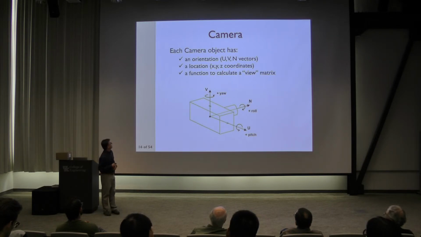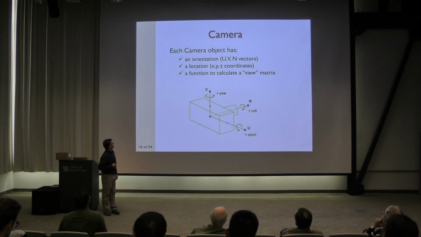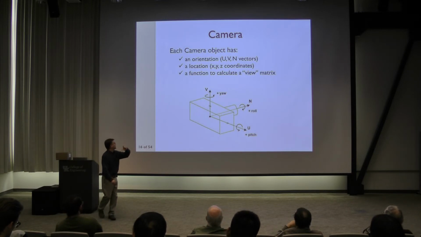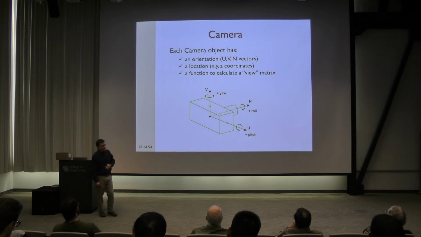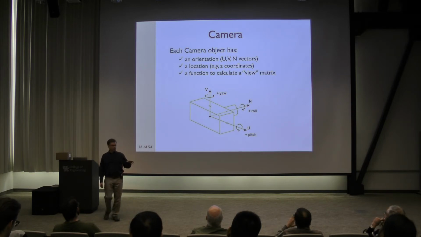Cameras are defined by having an orientation, which is a set of 3 orthogonal vectors, usually left-handed coordinate u, v, and n, and a location, x, y, z. And in the TAGE's camera class, there is an important function that computes what's called a view matrix. Those of you in the graphics class probably know what a view matrix is.